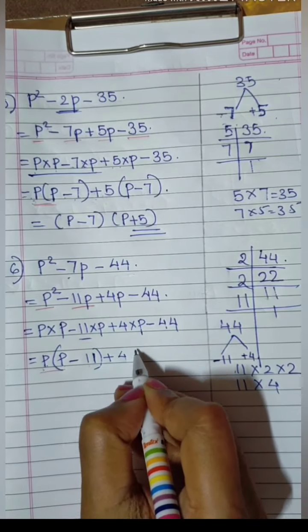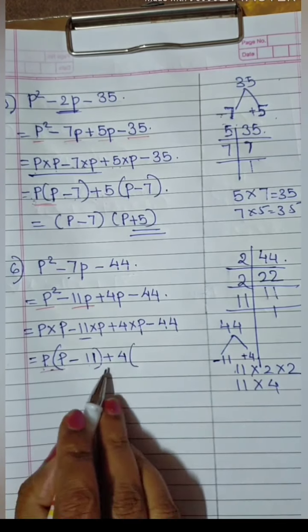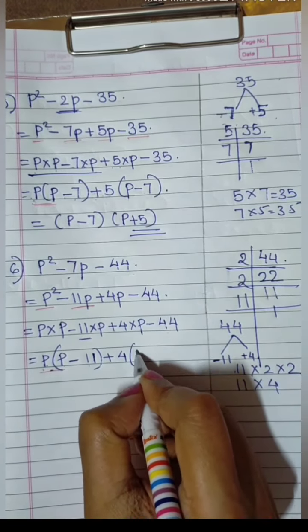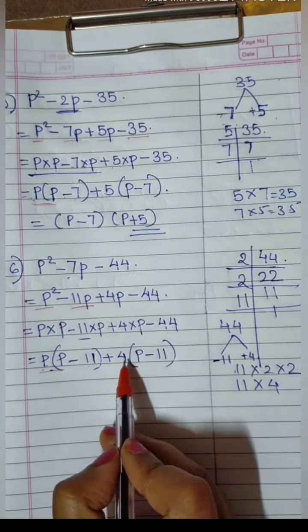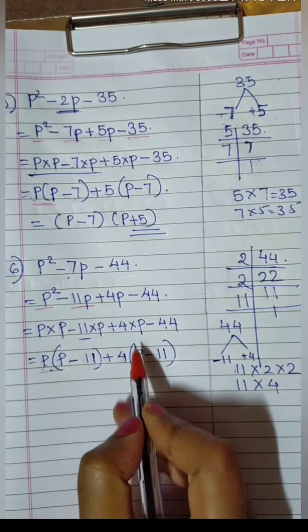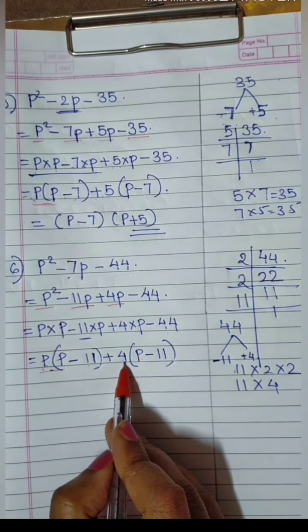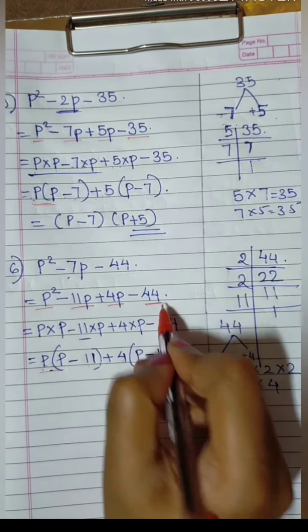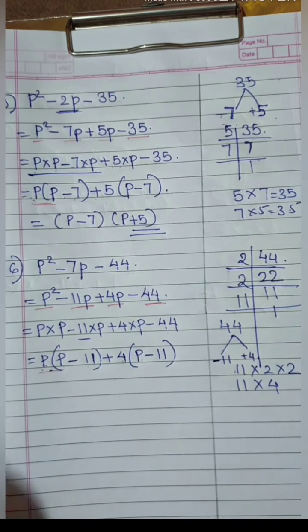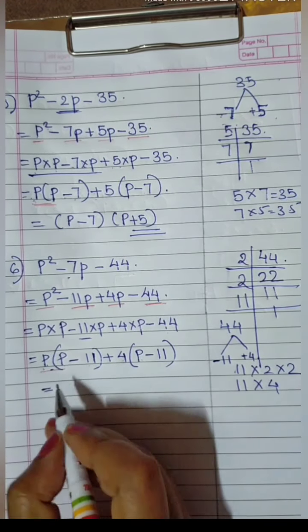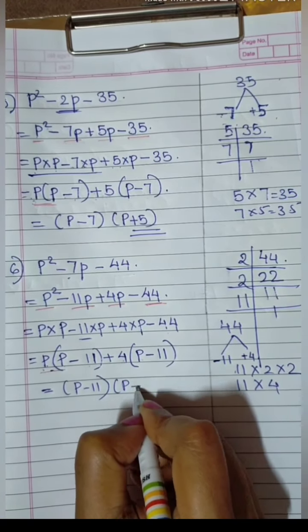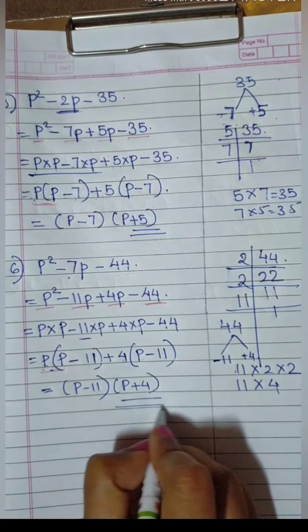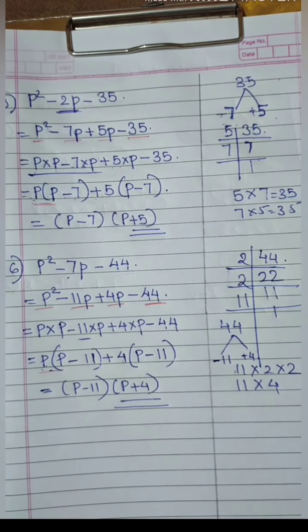Now 4, again the same bracket will come, p minus 11. As you can see, 4 into p is 4p, 4 into 11 is 44. So this equation is right. Now I am moving to the next one, that is p minus 11 and p plus 4. This is the answer for question number 6.